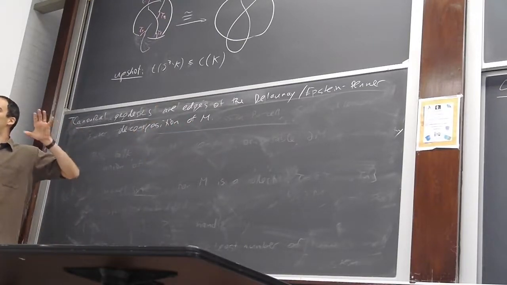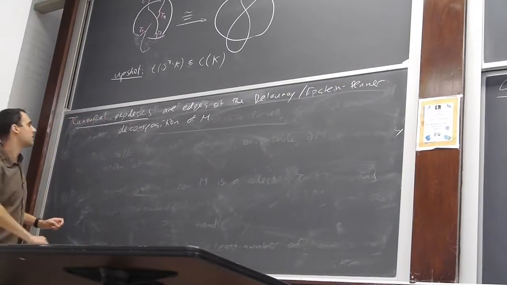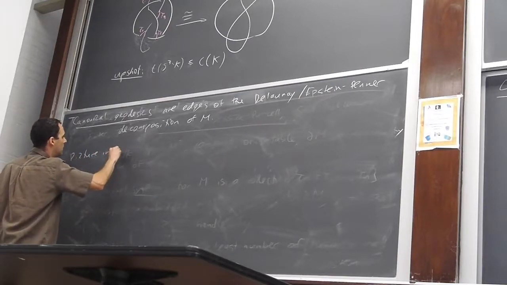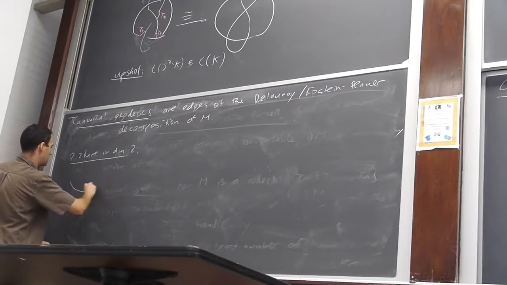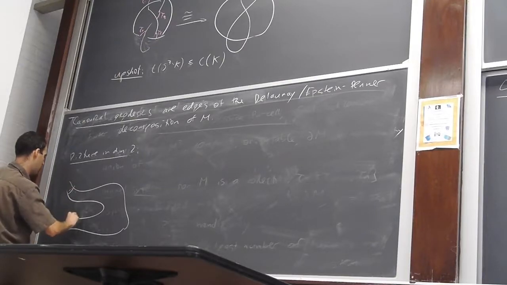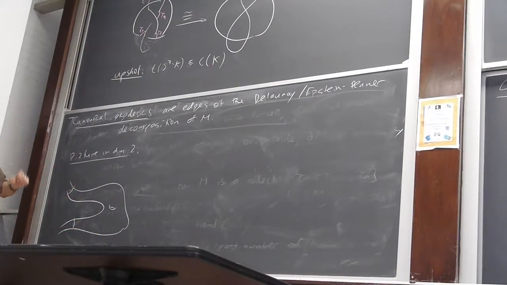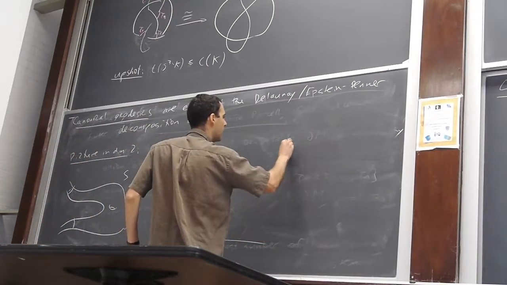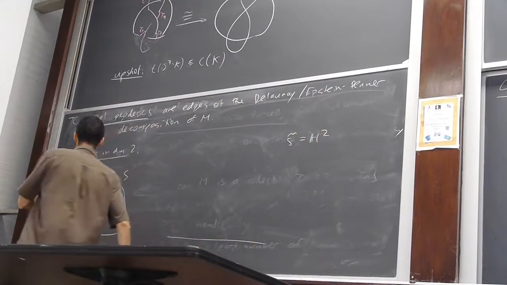So I'll define this via a picture, in the spirit of being a little bit loose and informal on the last day of the conference. So here's the picture in dimension 2, because it's too hard to draw a picture in dimension 3. Here's your hyperbolic manifold in dimension 2, and maybe it has some genus and some cusps. So this is S. You lift it to S tilde, which is the hyperbolic plane.